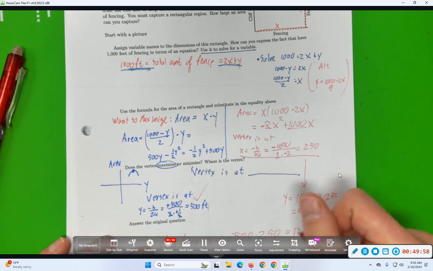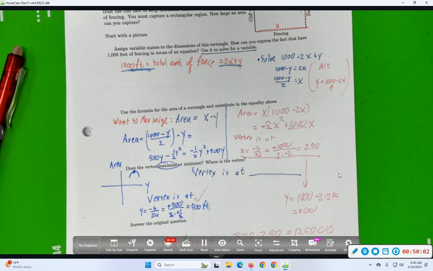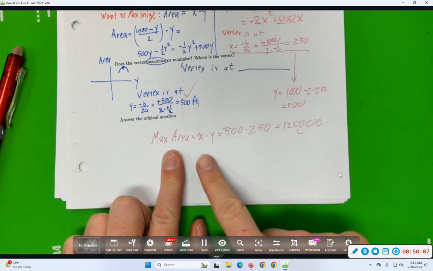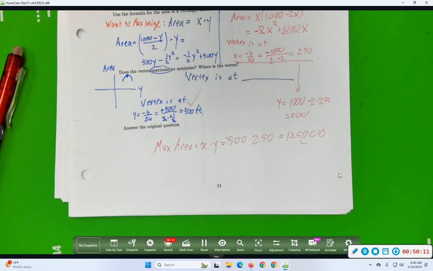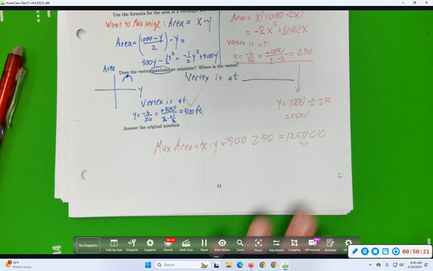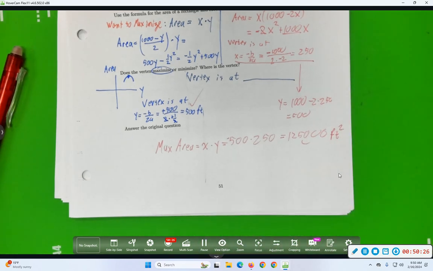I think that's 125,000. Sure, yeah. So we just need to multiply x by y. 500 times 250 is a great answer to this question, but it is the same thing as 125,000. What are the units on this area? Square feet, because it's units of area. Nice.